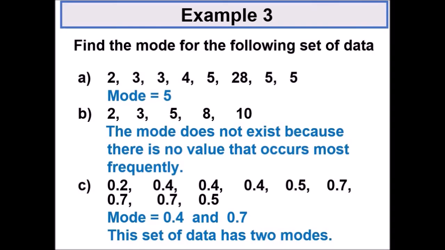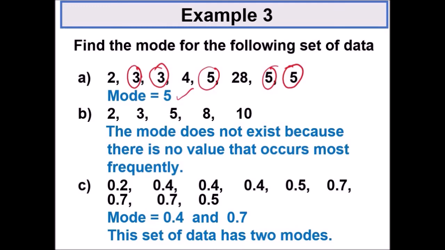Example 3, we want to find the mode for the following sets of data. Question A, find which number appears most frequently. Number 3 has appeared twice, but number 5 has appeared 3 times. So number 5 appears most frequently, therefore our mode is equal to 5.